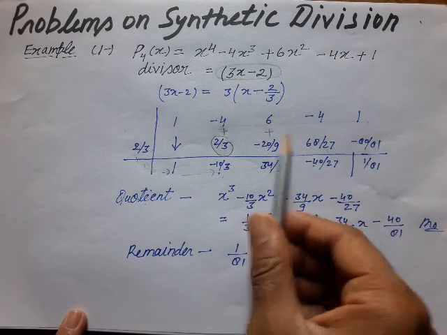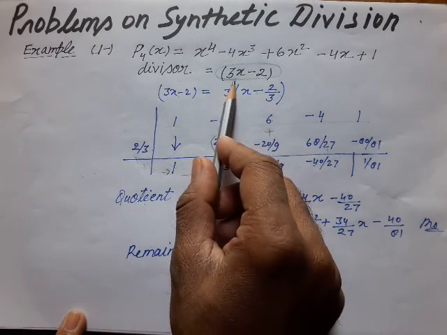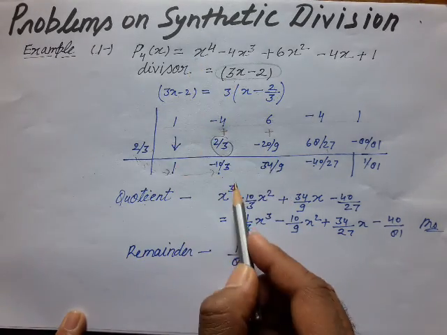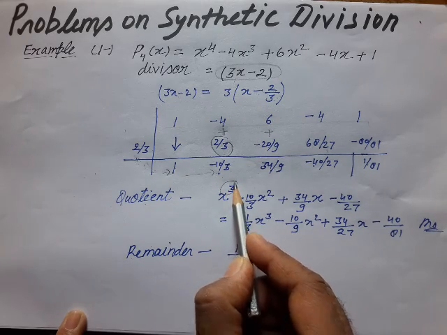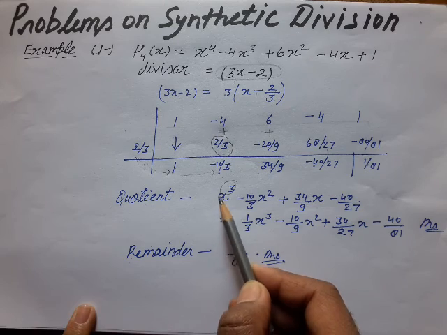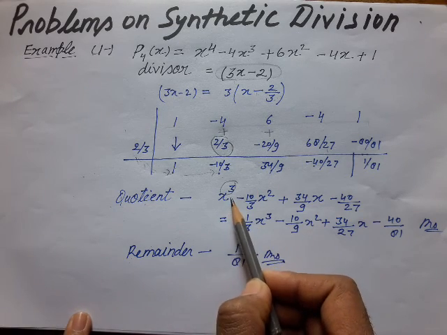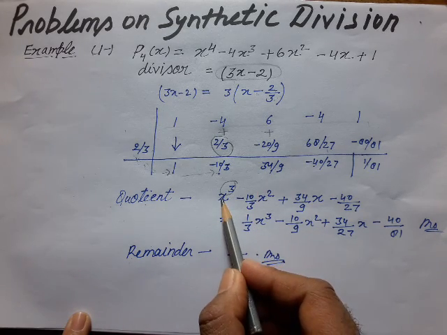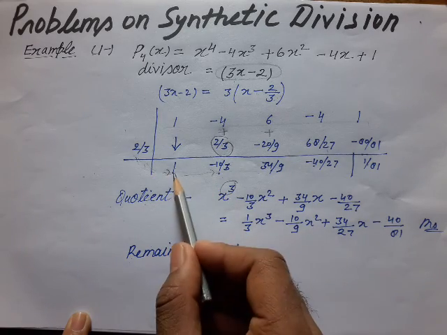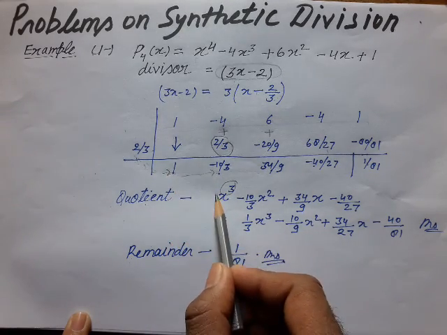Now you can see that the divisor is of degree 1 and the polynomial is of degree 4, so the quotient should be of degree 3. First we write down the coefficients for this scheme. We write x to the power 3 and choose the coefficient here. The first coefficient is 1.